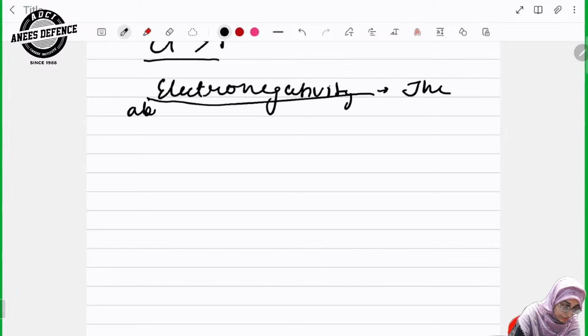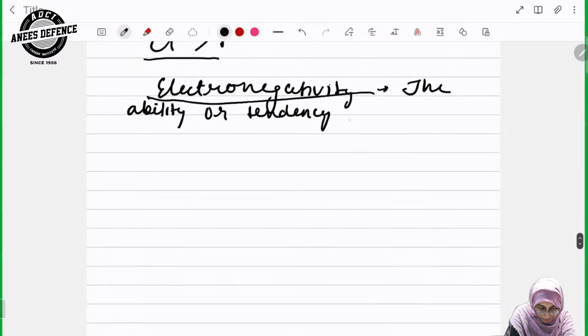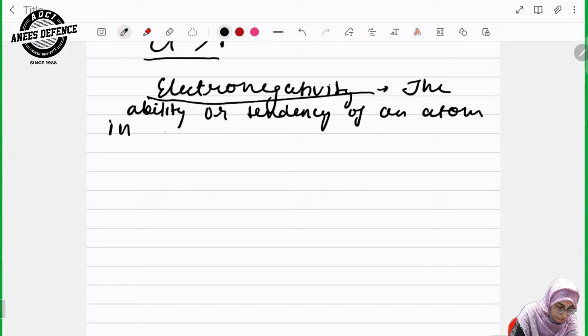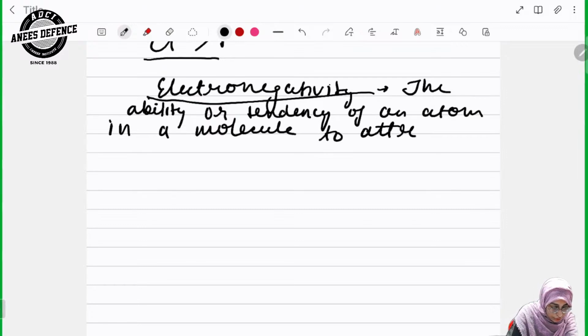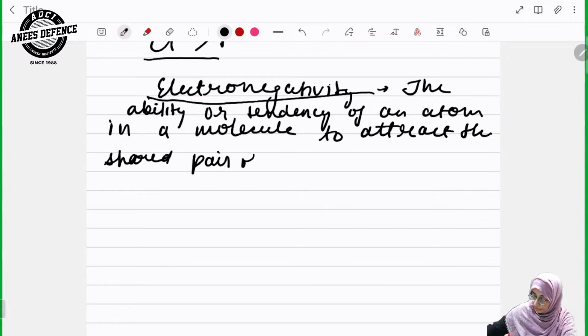The ability or tendency of an atom in a molecule to attract the shared pair of electrons.